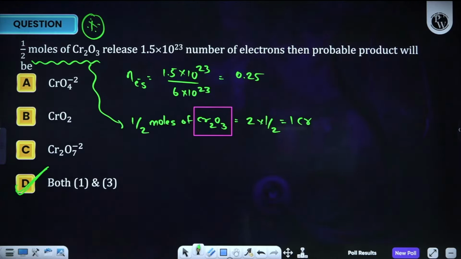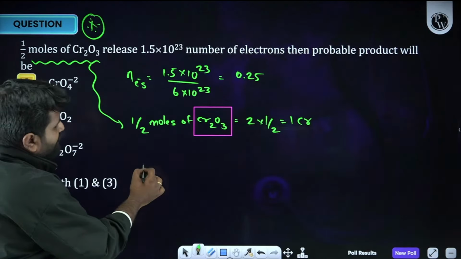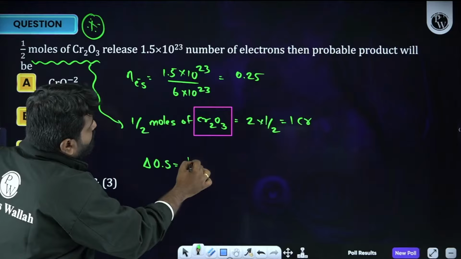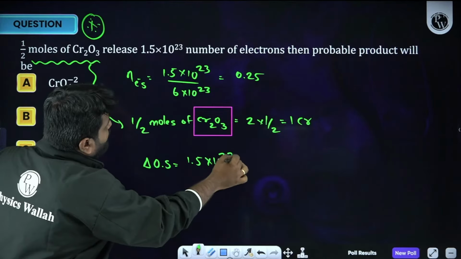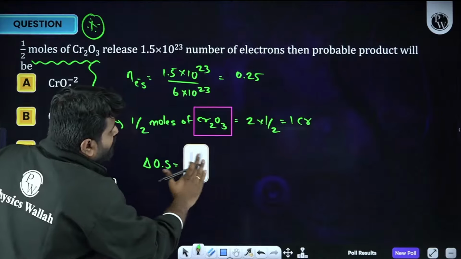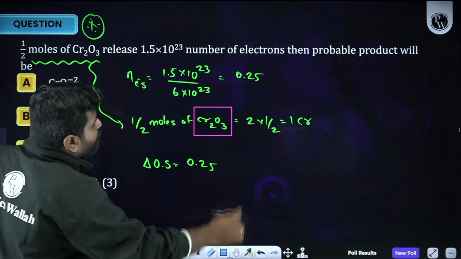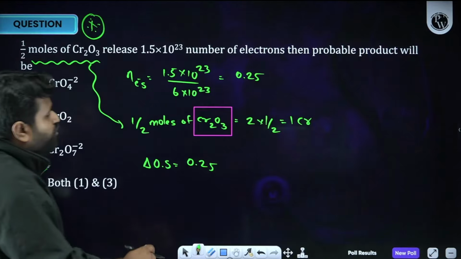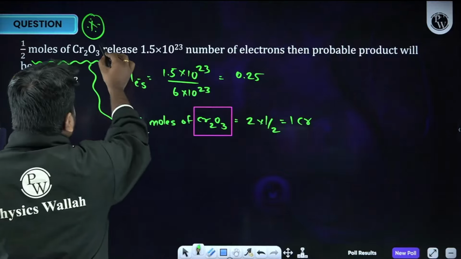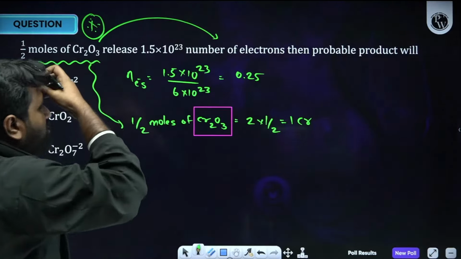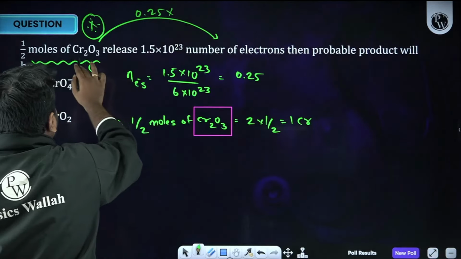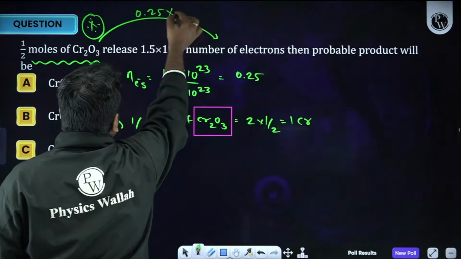So now, the change in oxidation state. How can I calculate the change in oxidation state? Very simple. How many moles of electrons are getting transferred? 0.25 moles of electrons. How many chromium atoms do we have? 1 chromium atom, the n factor. So the change in oxidation state is the number of electrons transferred per chromium atom, and it is 1 chromium atom because we are taking only half mole.